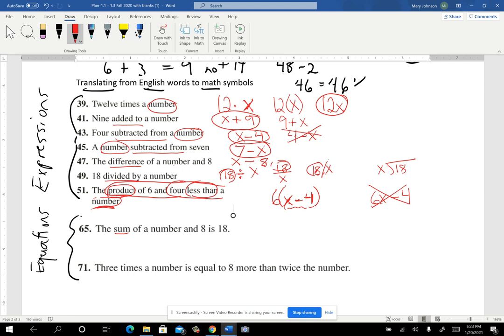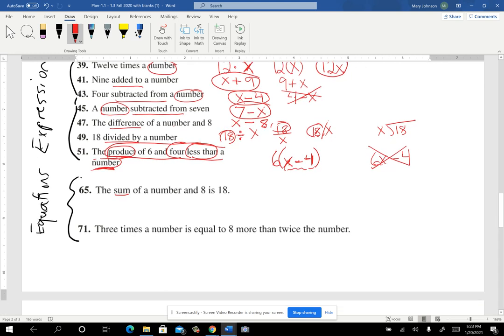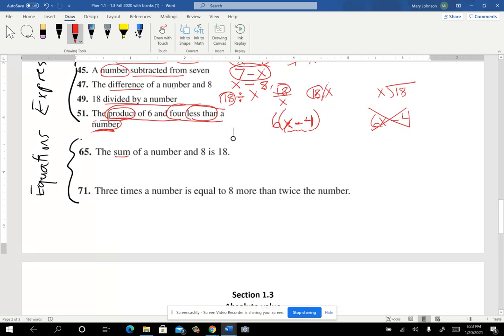All right, now when you get to 65 and 71, you wind up having problems that are sentences. Notice they end in a period. You have a verb. The verb is where the equal sign comes from. Sometimes they'll just use the word is. Sometimes they'll use the word is equal to. Okay.